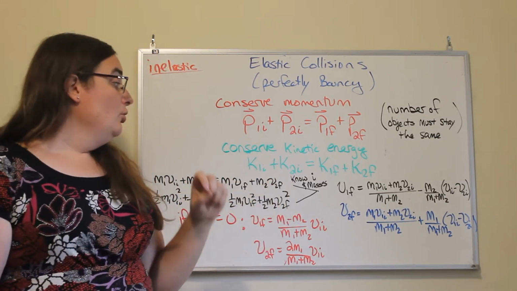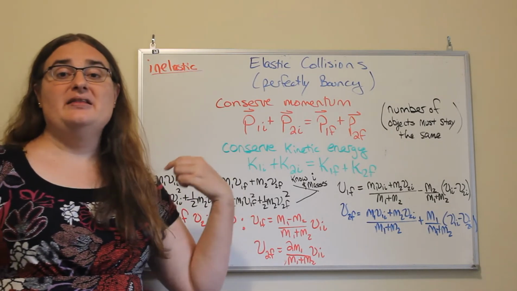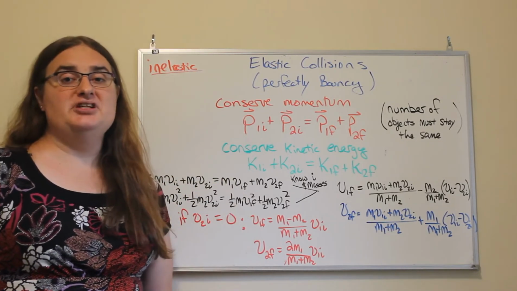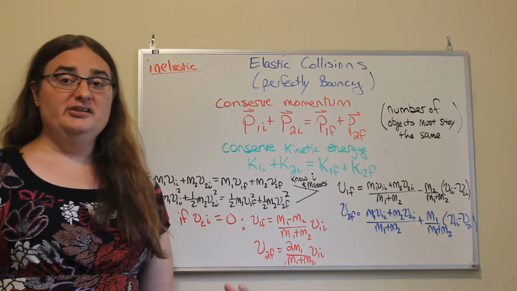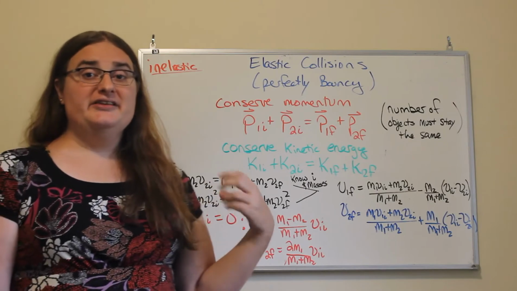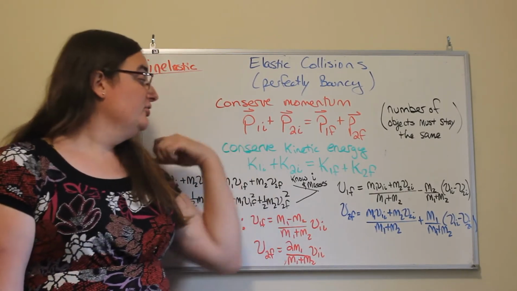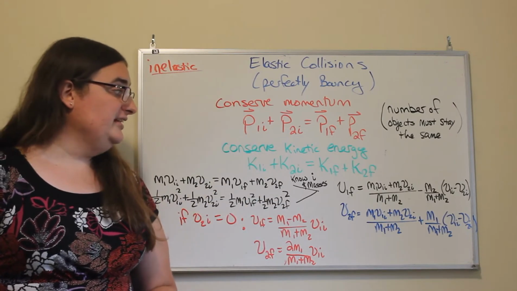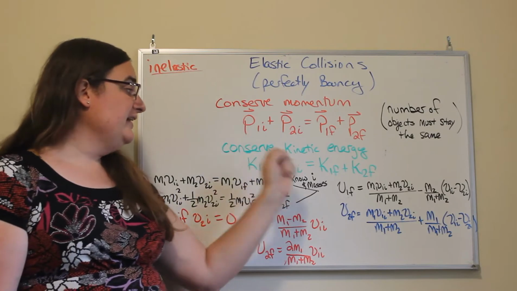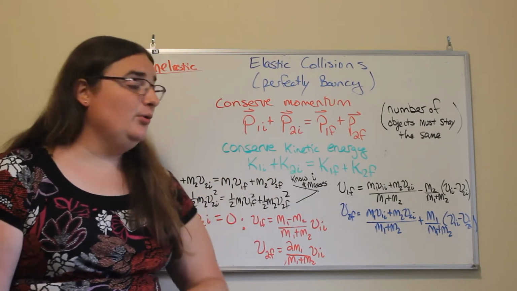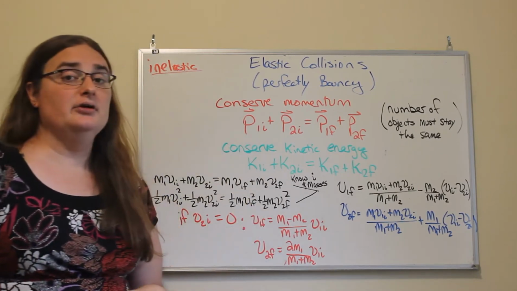Now, we're also going to assume that the mass of each object has to stay the same during the collision, otherwise there has to be some exchange with internal energy. So, to conserve the kinetic energy, we take our initial kinetic energy of each object, add it together, and that would equal our final kinetic energy of each object added together.